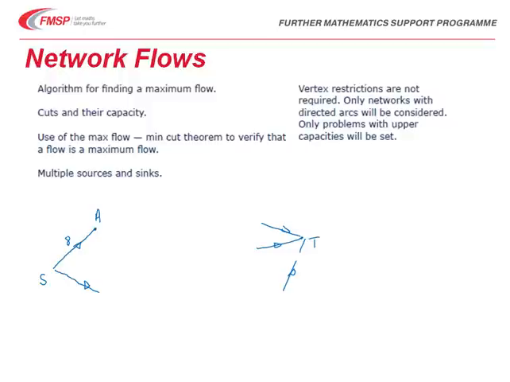The idea of a cut is that we can divide the set of points into two distinct different sets by literally taking a cut which goes through the network and divides the nodes into what's called the source set, that includes S, and the sink set, so the set of points which includes T. The cut capacity then looks at arcs which are going from the source set to the sink set.